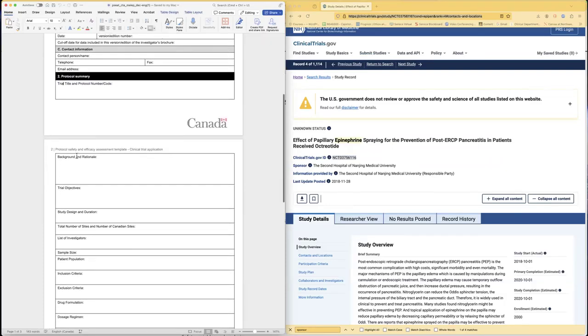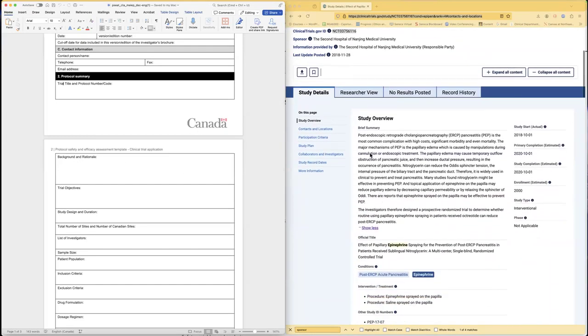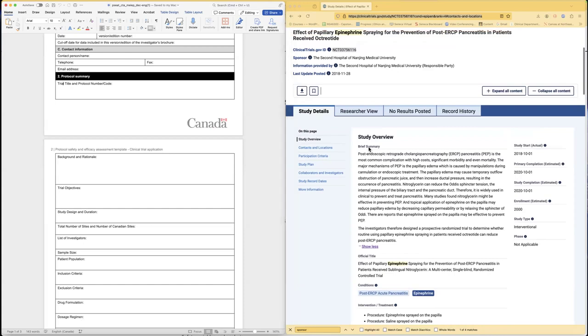Now, talking about the background and the rationale, you always have the background and rationale written on clinicaltrials.gov as well. This is the brief summary. So here you're going to read the information, and if you need to add more information, you just add more. But this is the information that you have to add into the background and rationale section.